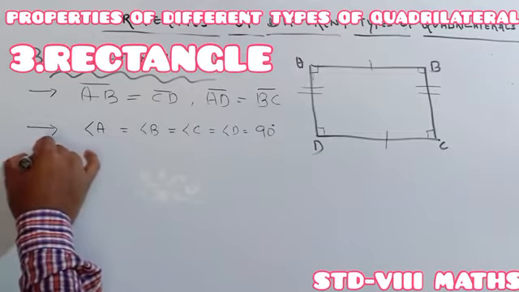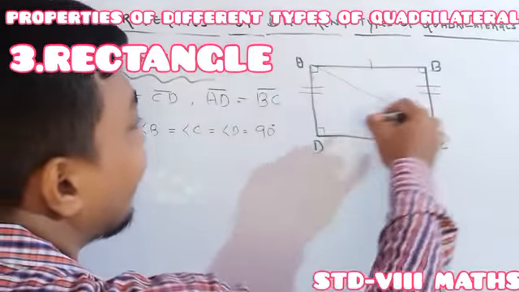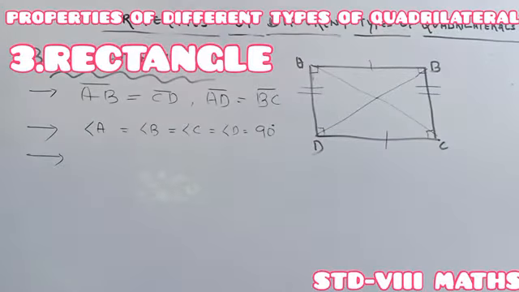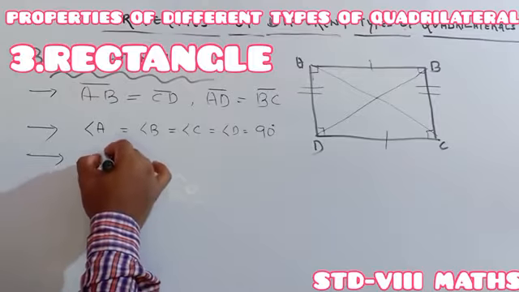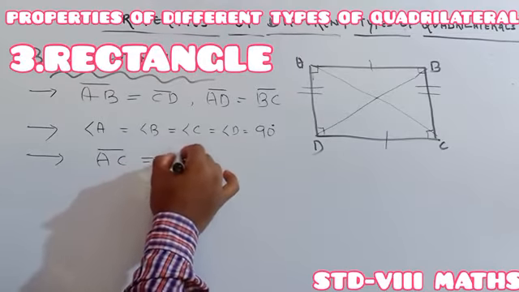Just see, here the two diagonals are equal. This diagonal is the same as this diagonal. It means diagonal AC is the same as BD.